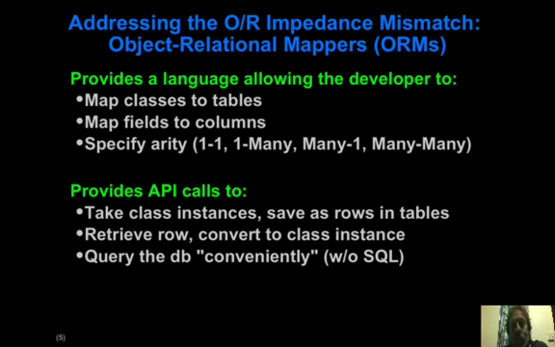So when you have an ORM, what you basically have is a language that allows you to specify in a declarative way which of your classes are going to be persisted as tables, as rows in tables. And then you specify the fields and how they become columns in a given table.